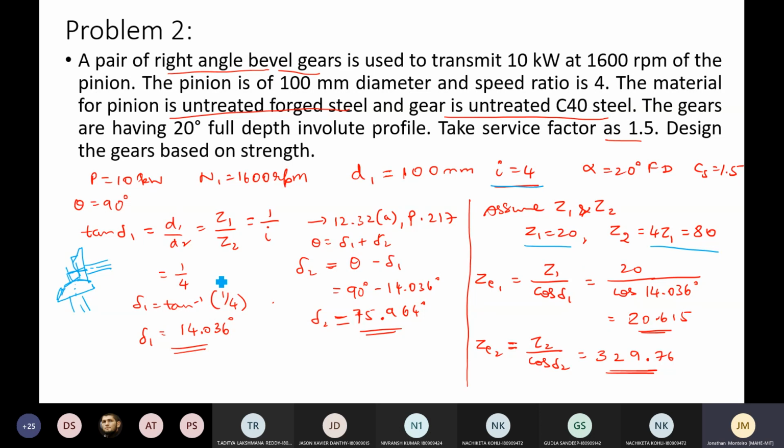Now what if from driver to driven it was a 1:1 ratio? That means there is no change in the speeds, no change in torque. It is only the change in direction that we are looking for.